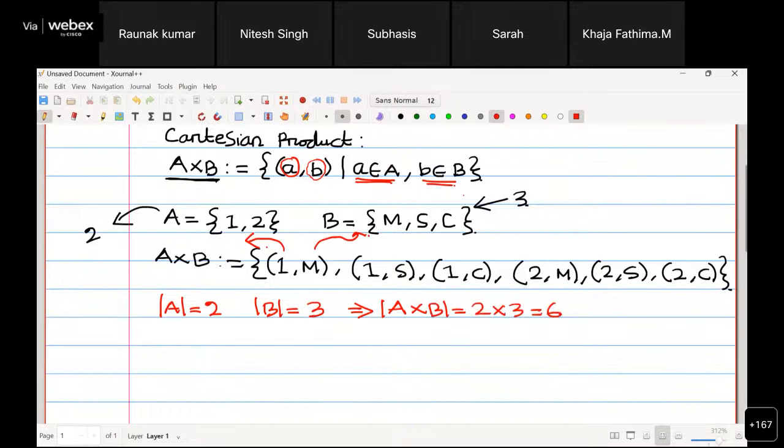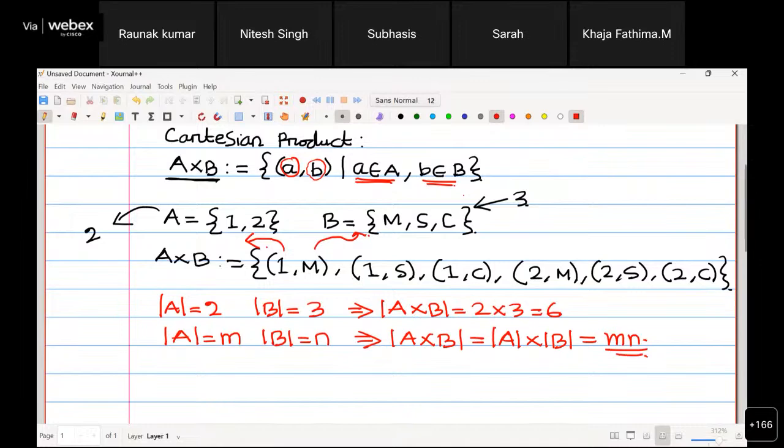So in general, if I have a set A with m elements, okay, and I have a set B with n elements, this should imply that the cardinality of A cross B is basically the product of their individual cardinalities. So this is nothing but cardinality of A times cardinality of B, which is m n.